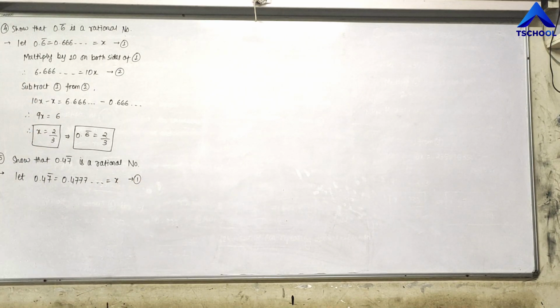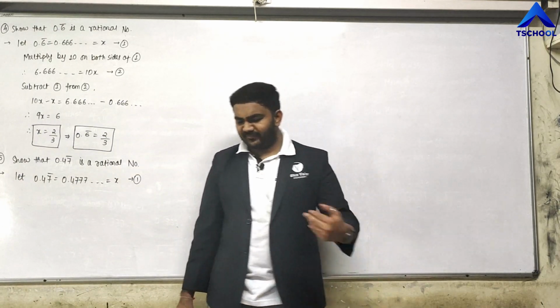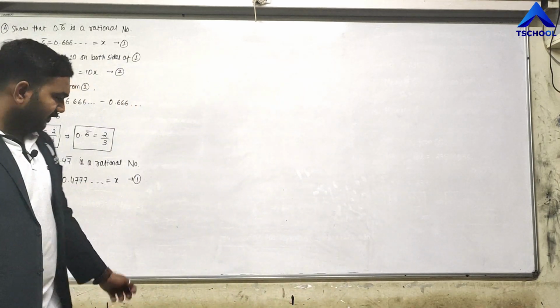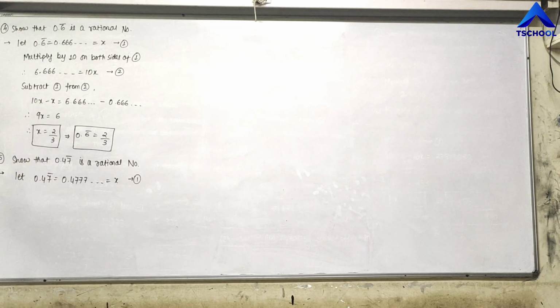So as we did in the previous example, which was of the same kind, first of all we shall multiply it by 10 and then we shall multiply it by 100, so as to make the numbers after the decimal point the same.